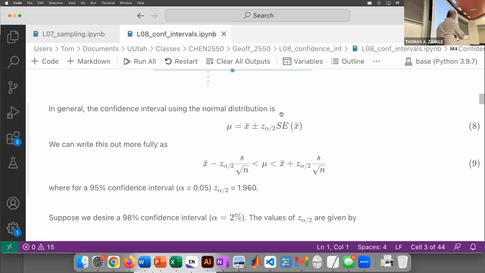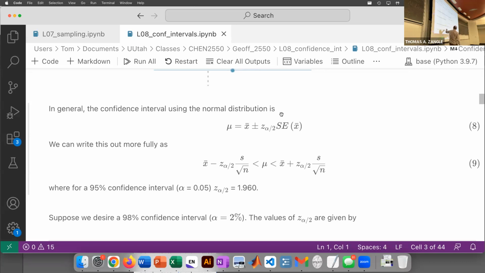So in general, we can write this confidence interval using the normal distribution, for something other than a 95% confidence interval, as x bar plus or minus z sub alpha over 2, where alpha is the significance level, times the standard error, again from our sample.